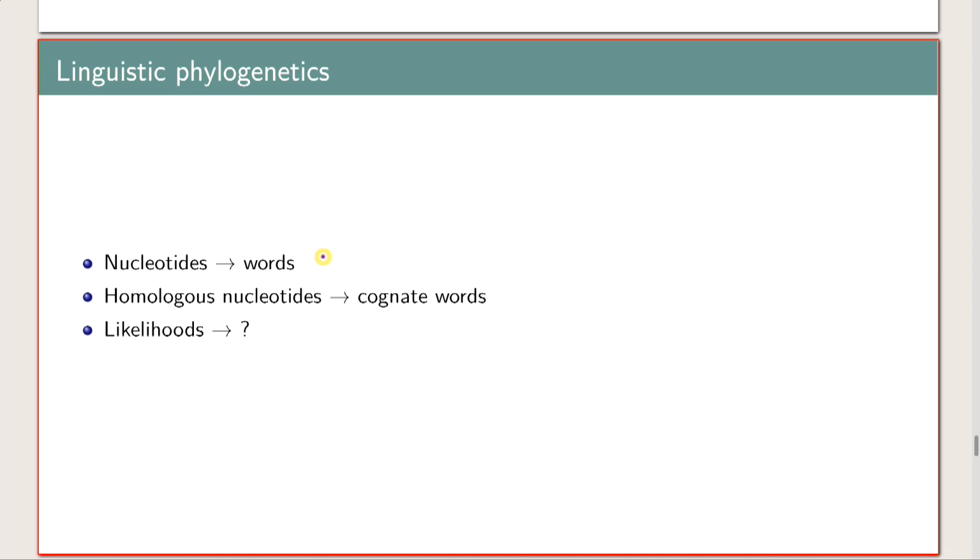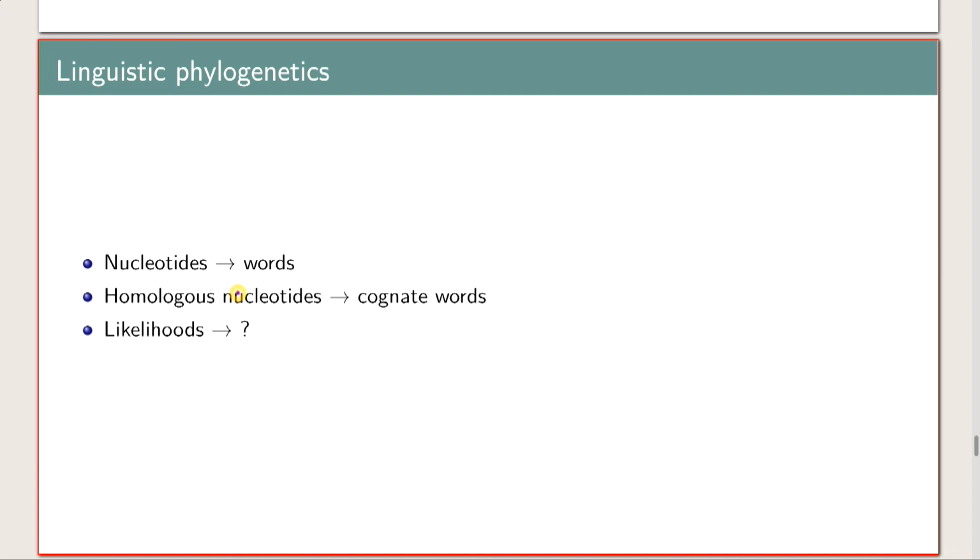So you might have a list of words, and you can think of the list of words like a sequence of nucleotides, and the alignment is basically the columns carry the same meaning across languages, and the rows are different languages. And how do you calculate likelihoods?